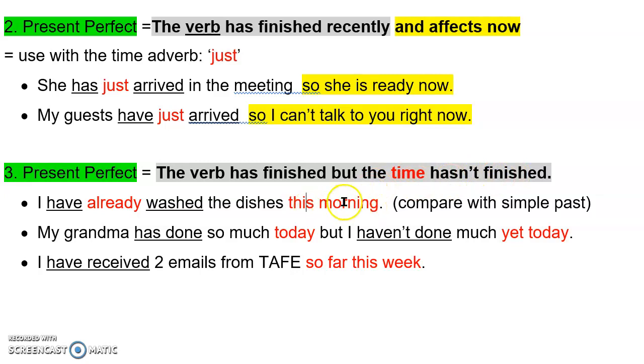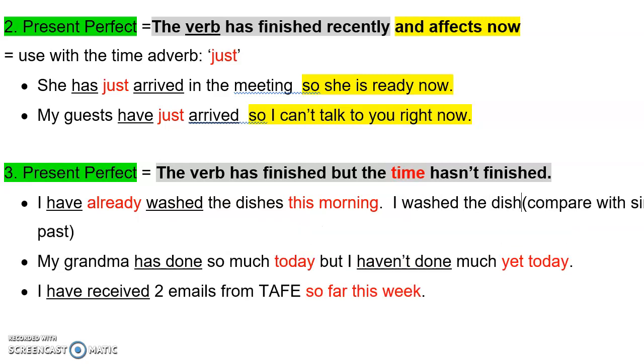But, for example, if you use it and the time has finished, you have to use it with the simple past. So I washed the dishes this morning.